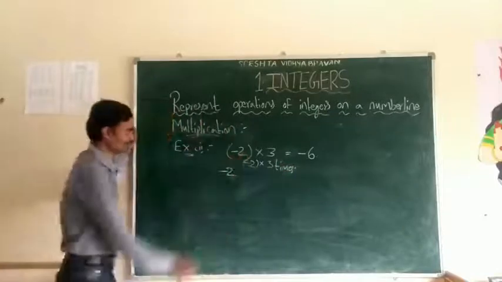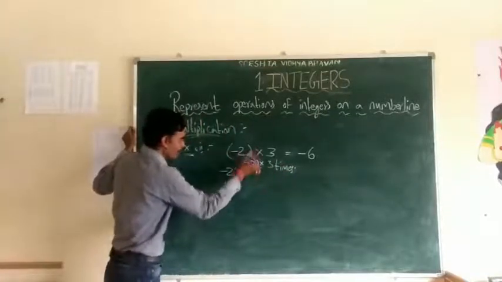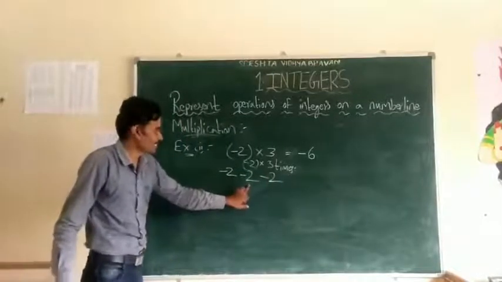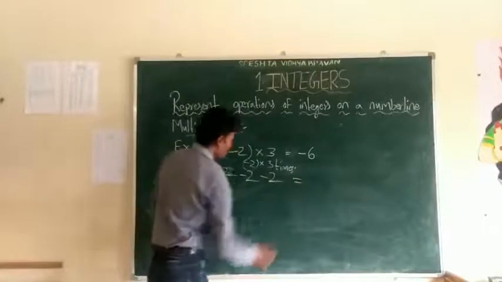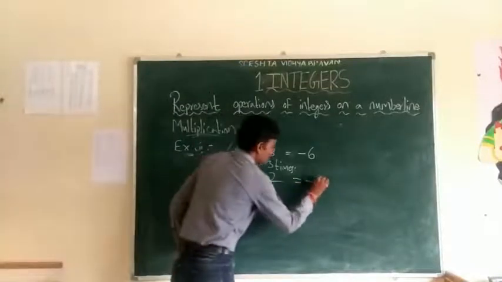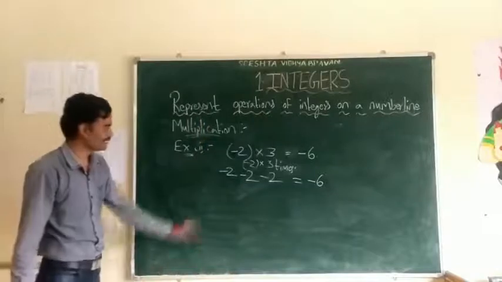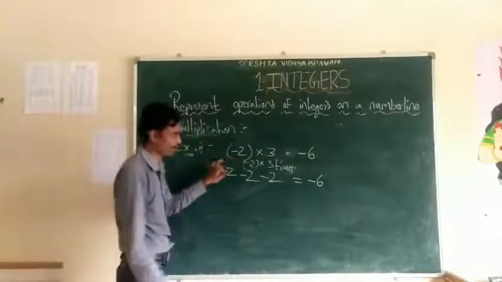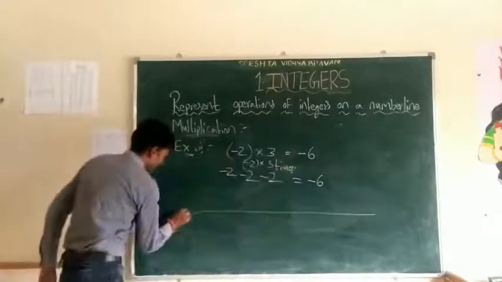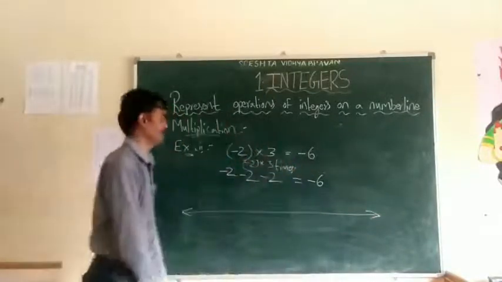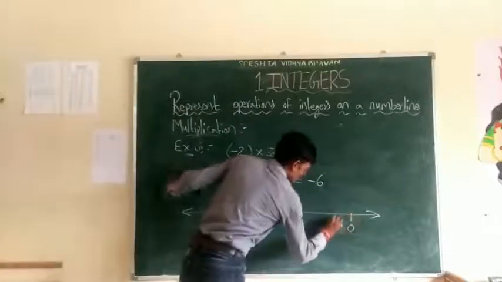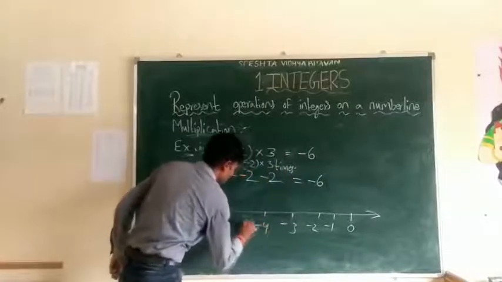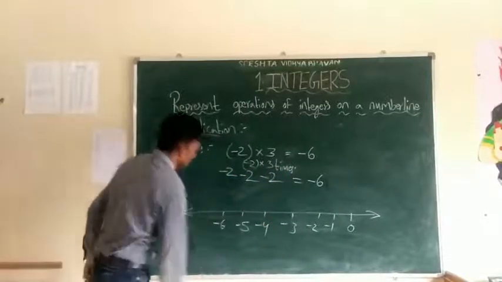We have to add minus 2 and minus 2 and minus 2. This is one time, second time, third time. Like that, what we are adding, the answer is minus 6. Like that we do addition on the number line in the multiplication on the number line. Now we are doing it on the number line that indicates 0, minus 1, minus 2, minus 3, minus 4, minus 5, minus 6.